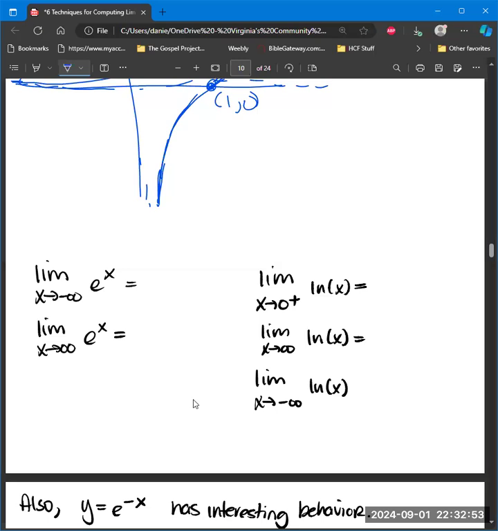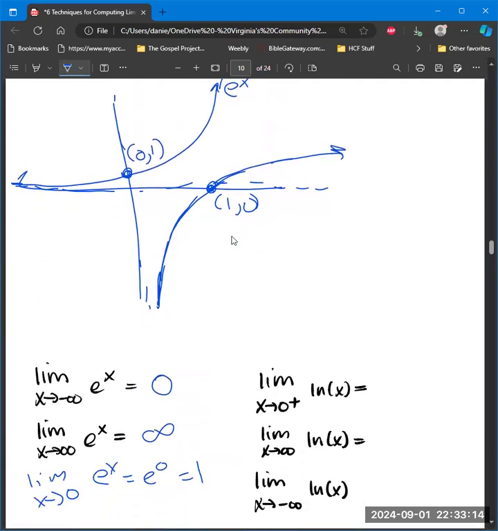So the limit as x goes to negative infinity of e to the x is 0. The limit as x goes to positive infinity of e to the x, the right-hand end behavior here, is infinity. The limit as x goes to 0 of e to the x is e to the 0, which is 1. The limit as I come from the right of 0 of ln of x is going to go to negative infinity. The limit of ln of x as x goes toward infinity is going to be positive infinity.